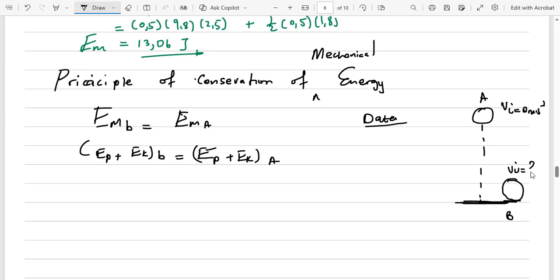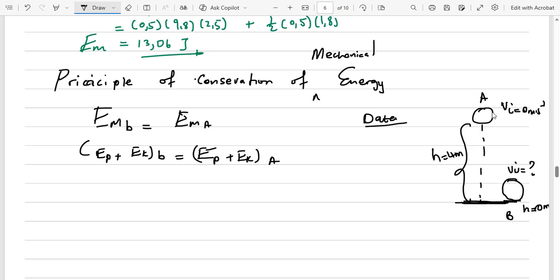Let's say we don't know the velocity that it will hit the ground with, but we know that the height is 0 because it's on the ground. So this will be 0 meters. Now we are given the height at A to be 4 meters.